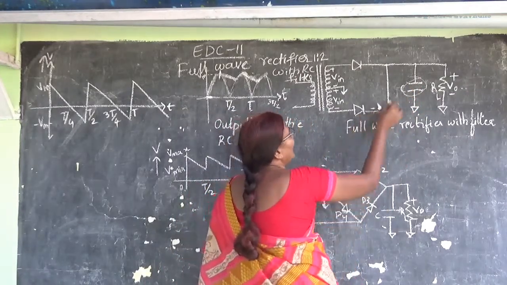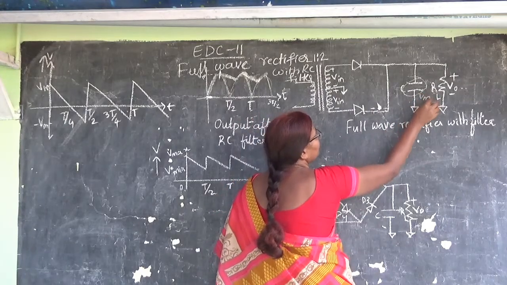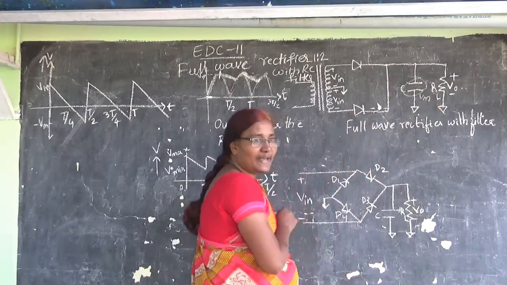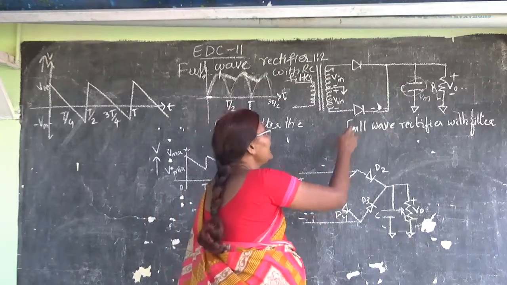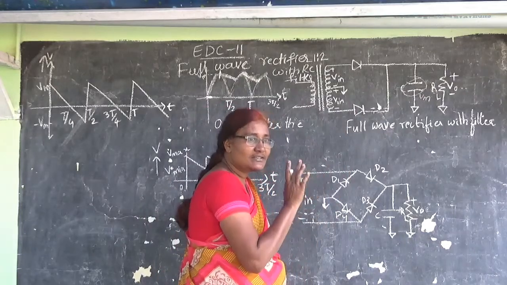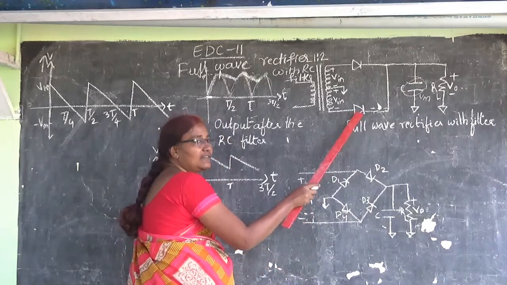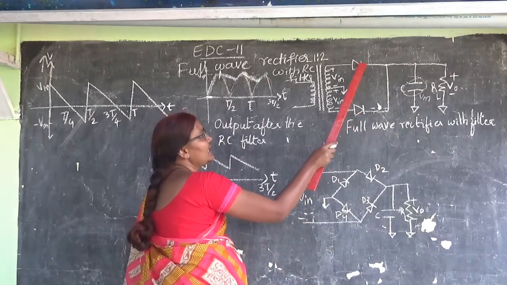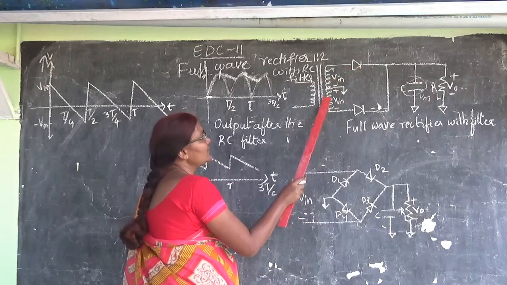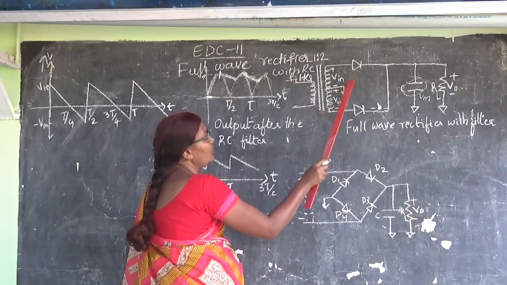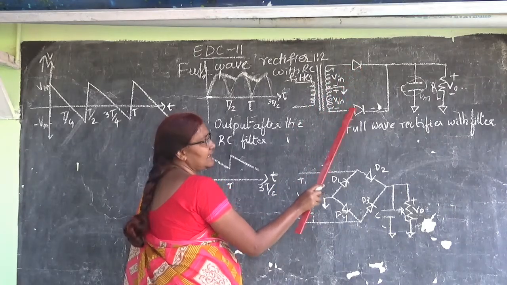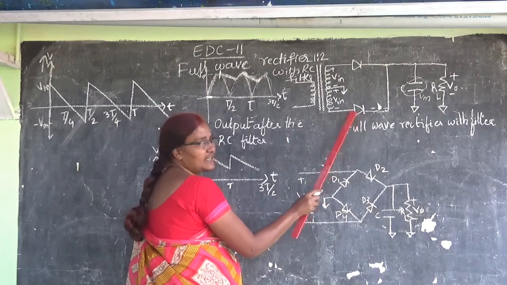So after going to Vmax, this diode will be reverse biased, and this diode is also reverse biased. In the previous case only this diode will be in the reverse bias mode. Only this diode will be forward biased, because during the positive half cycle, positive wave will appear here and here, but negative is facing this.